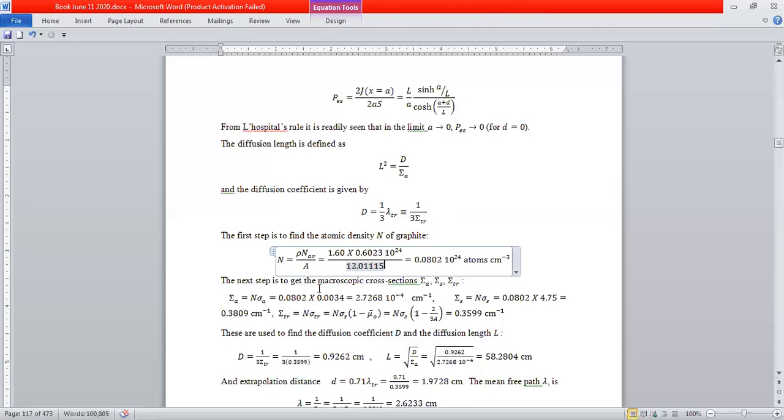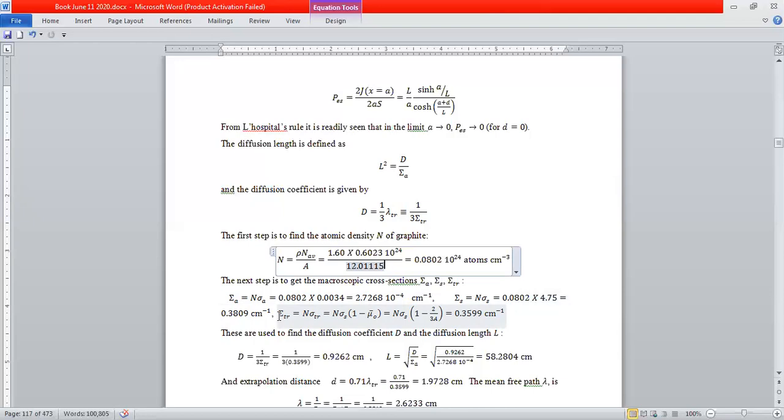The next step is to get the macroscopic cross sections: sigma A, absorption, scattering, and transport. Now, absorption I picked out from Lamarsh, so it's 0.0034, and I multiplied by number density. This is what I get for the macroscopic absorption cross section. This is what I get for the macroscopic scattering cross section. And this is what I get for the macroscopic transport cross section.